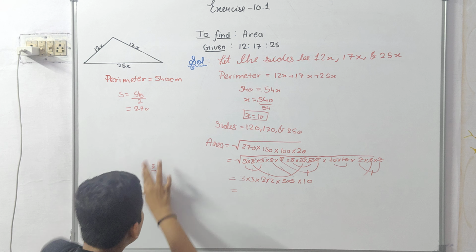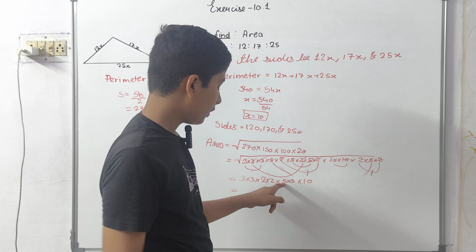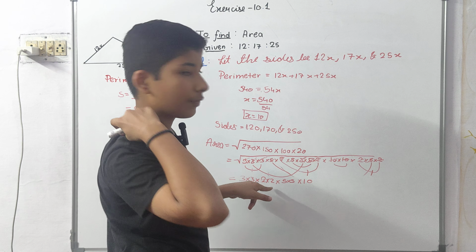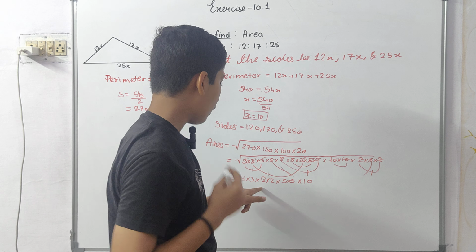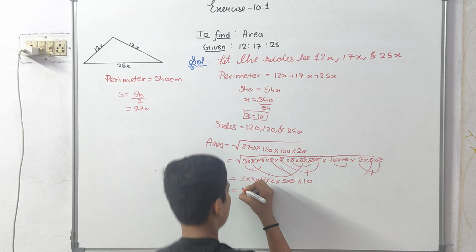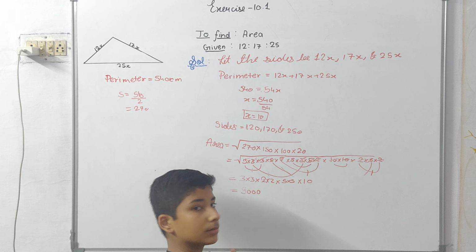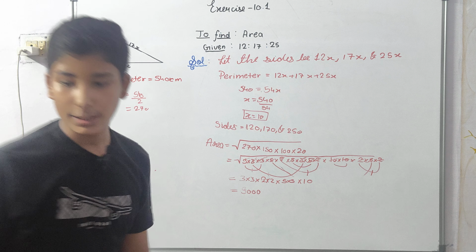Wait, let's calculate in a good way. 10 5s are 50, 250, 500, 1000, 3000, 9000. 9000. Am I correct? Let's check.